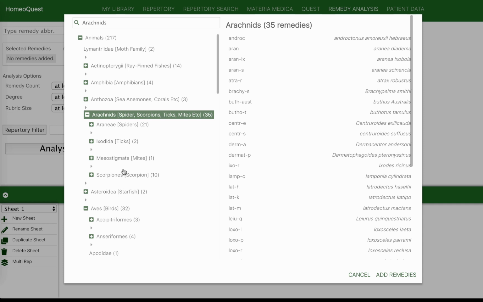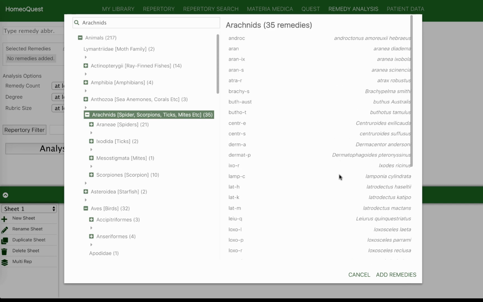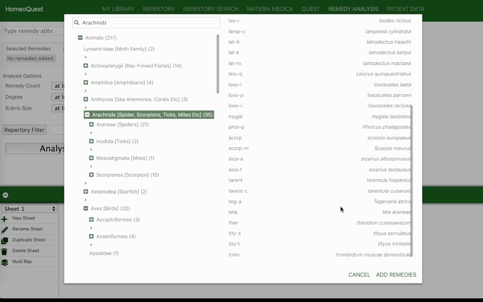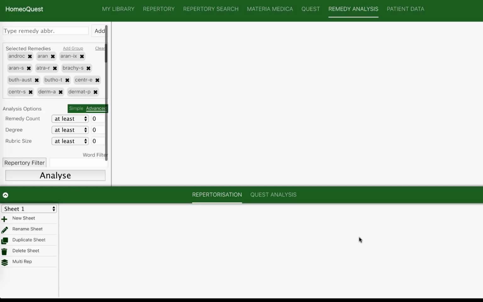Within that big group, we'll choose the big one, the spider group, and you have all the remedies in this column from the arachnids, and you can say add them. All the remedies in the spider group are added here.